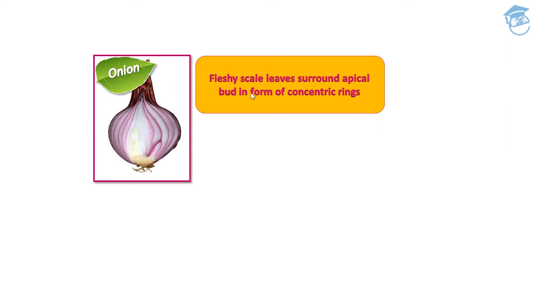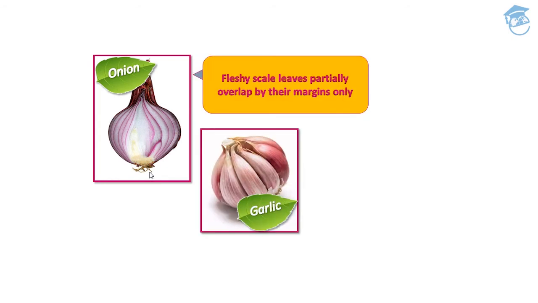Now comes onion. Fleshy scale leaves surround the apical bud in the form of concentric rings. See, these are the concentric rings, this is the apical bud, this is the conical portion, and these are the adventitious roots that emerge from the underground stem. So this is tunicated bulb, and onion is a tunicated bulb.